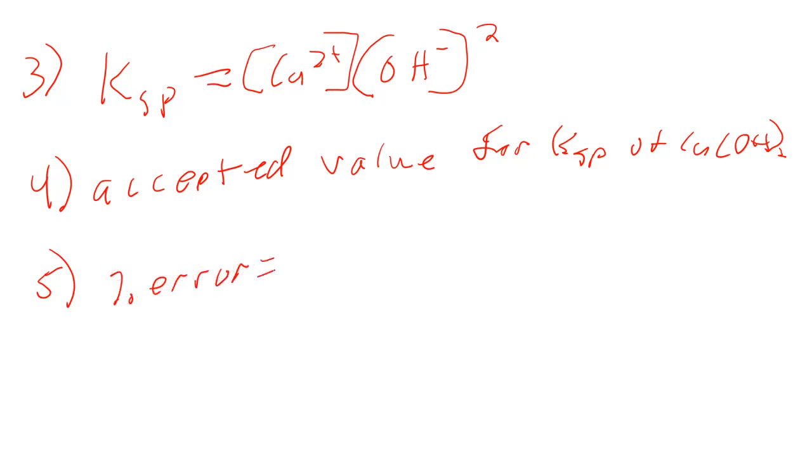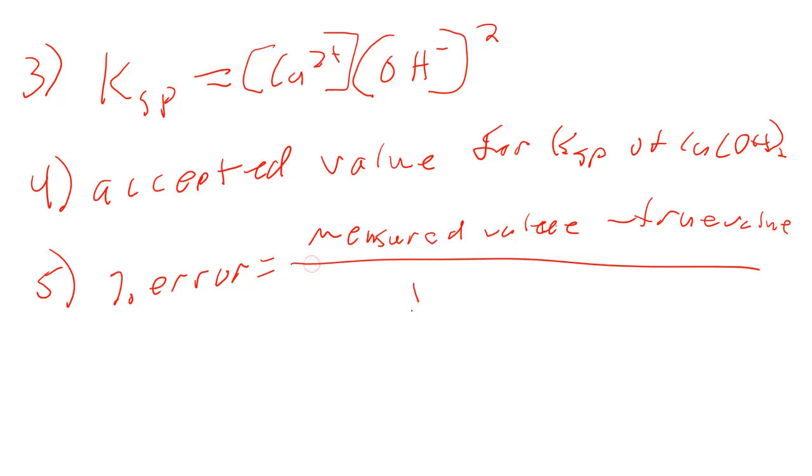So percent error is your measured value minus your true value, divided by your true value. So that is your data analysis for the calcium hydroxide lab.